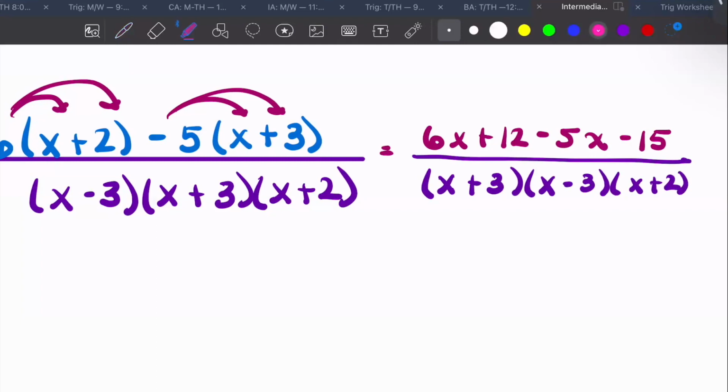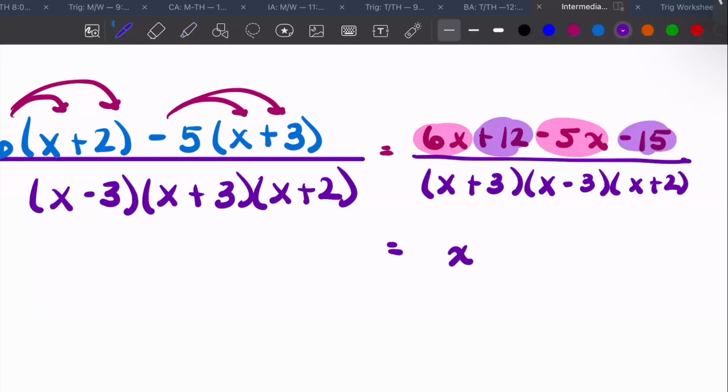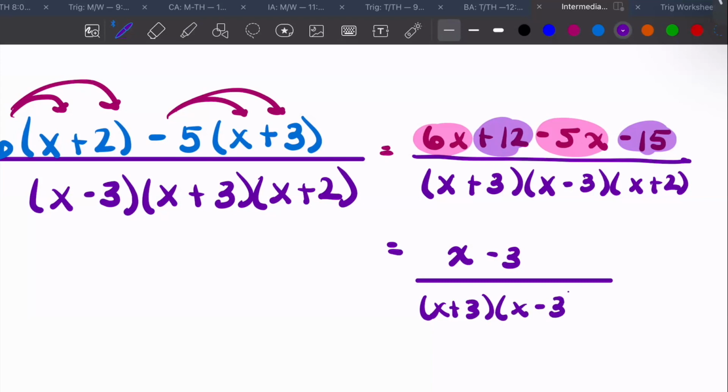Add our like terms. So we get x minus 3 over x plus 3, x minus 3, x plus 2.